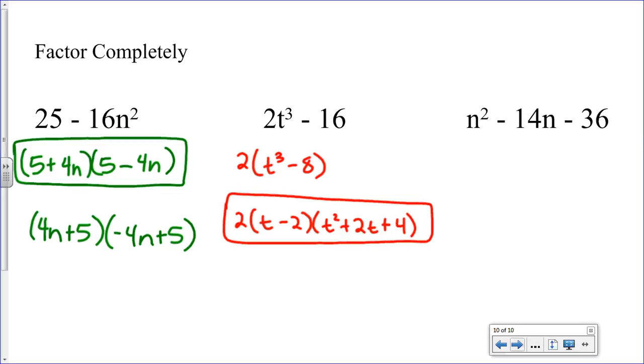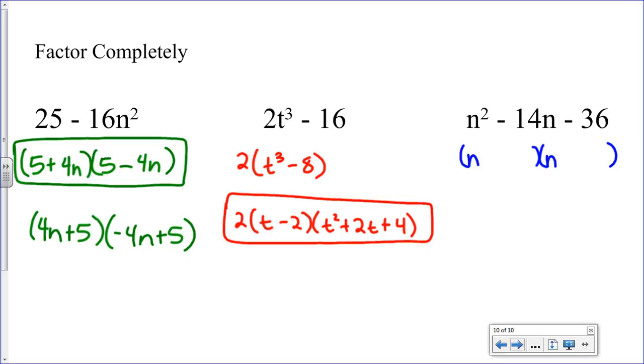I have a trinomial. Do I have a common factor? No. So factors of 36, let's think. 6 and 6.